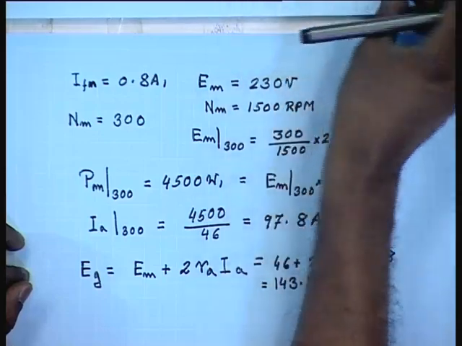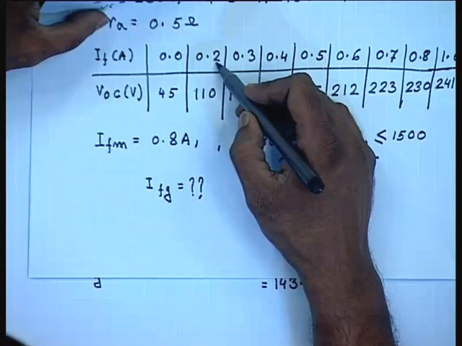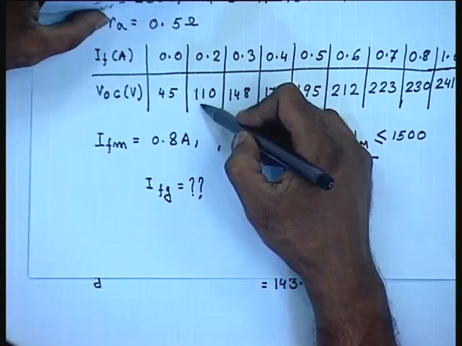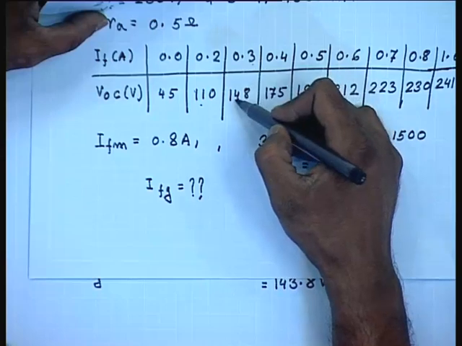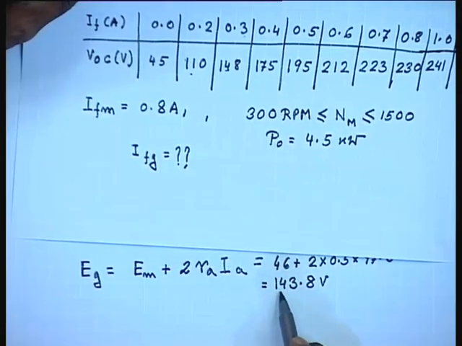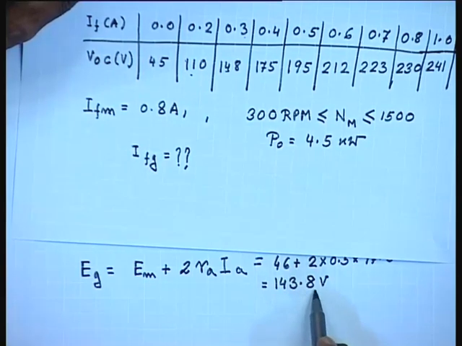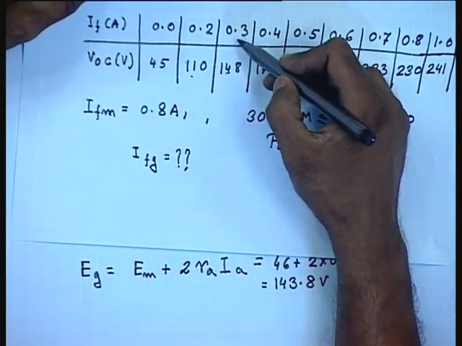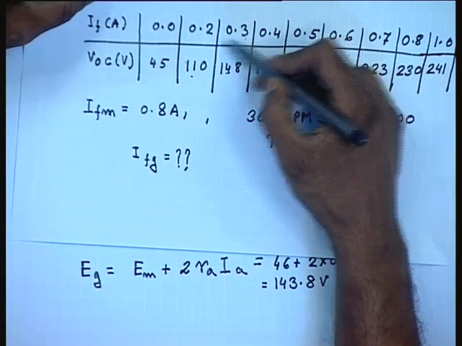Now, from the magnetization data, we see that at 0.2 ampere of field current, the generated voltage is 110 volts, and at 0.3 it is 148 volts. So, in order to generate a voltage of 143.8 volts, somewhere close to 0.3 ampere of field current will be required, and this can be found by interpolation.